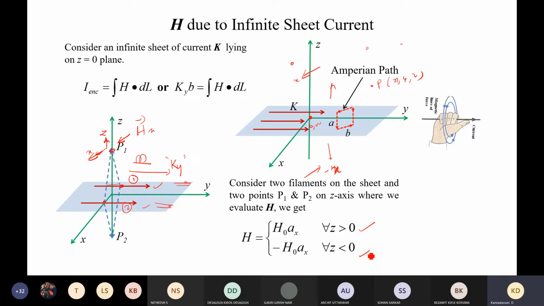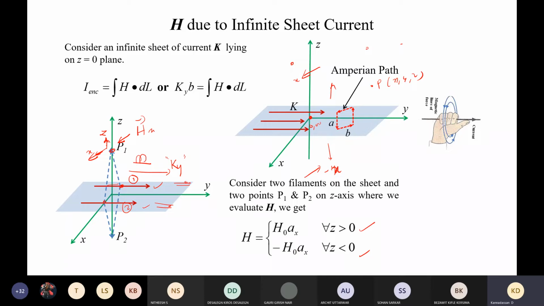That is what is described here. Above the infinite sheet we have magnetic field along the x direction, and below the opposite, and this H naught value, the magnitude of the magnetic field, is still unknown.